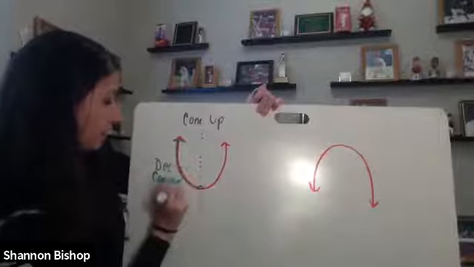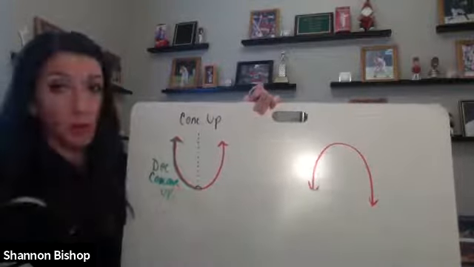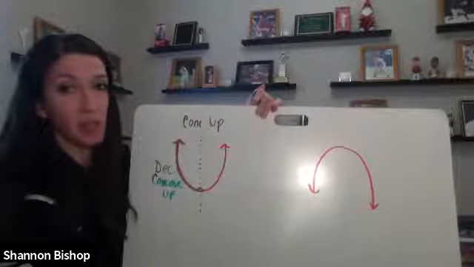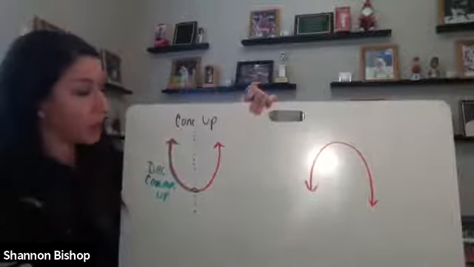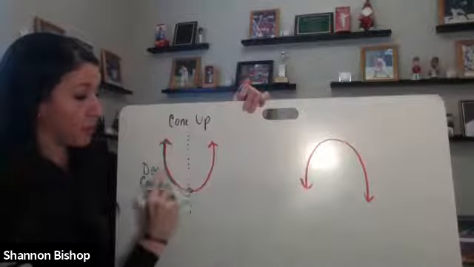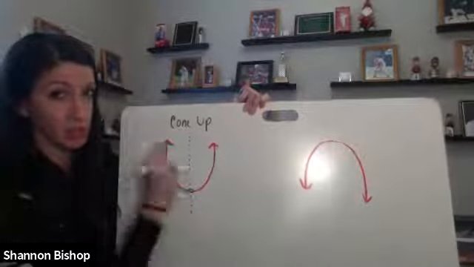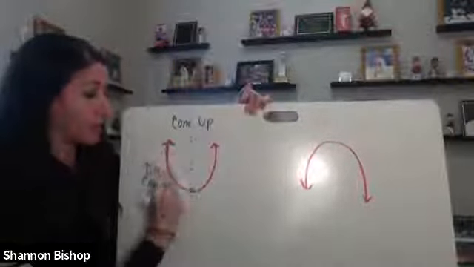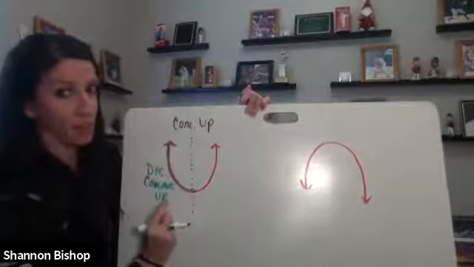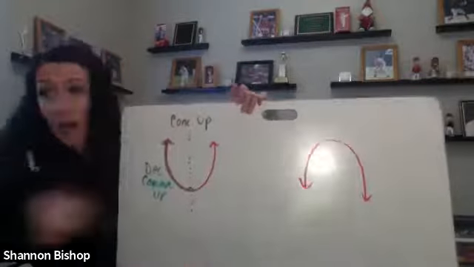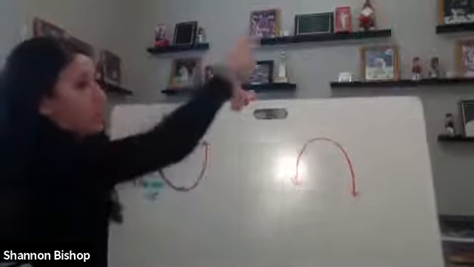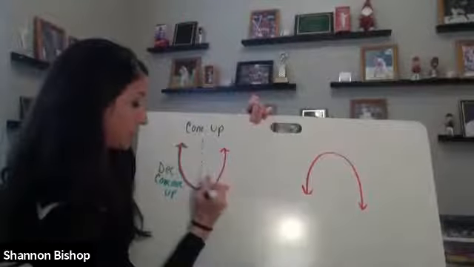So a lot of students think that just because something is concave up, the graph has to be going up. That's not true. With concave up, the graph can still be coming down directionally, decreasing, but yet decreasing in a concave up fashion. And then the other side of the concave up curve, you'll notice, is increasing.